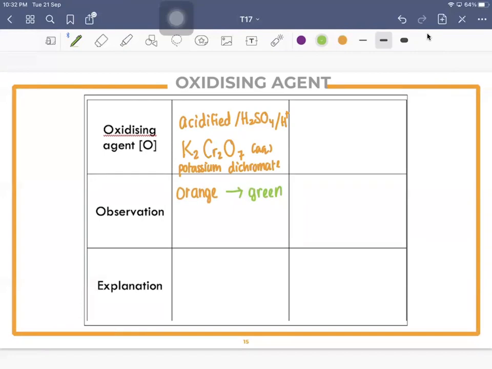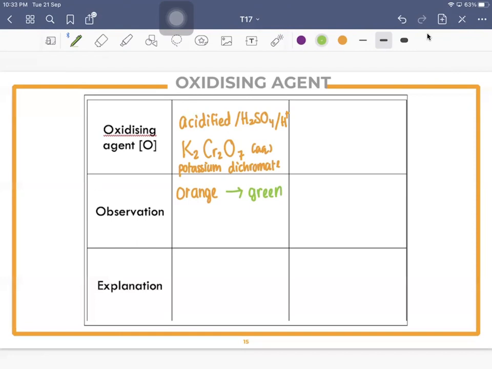Usually when an oxidizing agent oxidizes another species, in this case acidified potassium dichromate oxidizes alcohol, the oxidizing agent itself gets reduced. Because in a reaction, when you have oxidation, something else has to go through reduction. You can't have a reaction with just oxidation and no reduction.